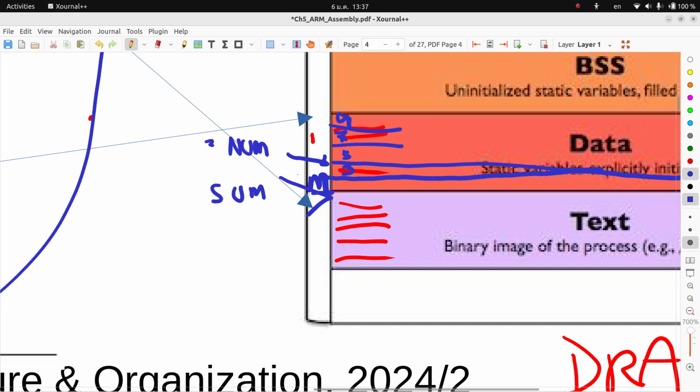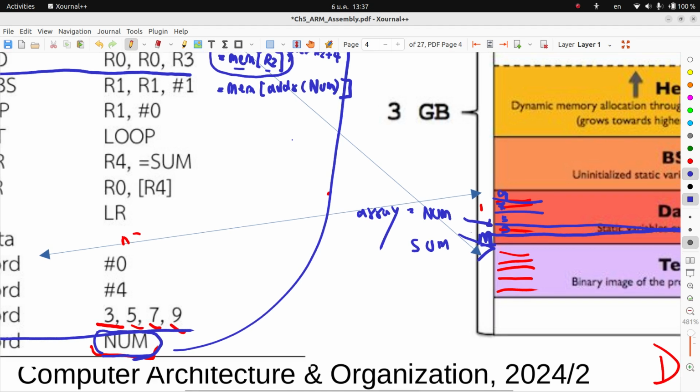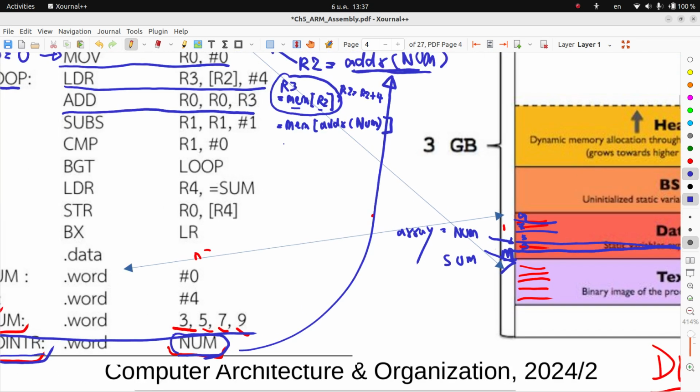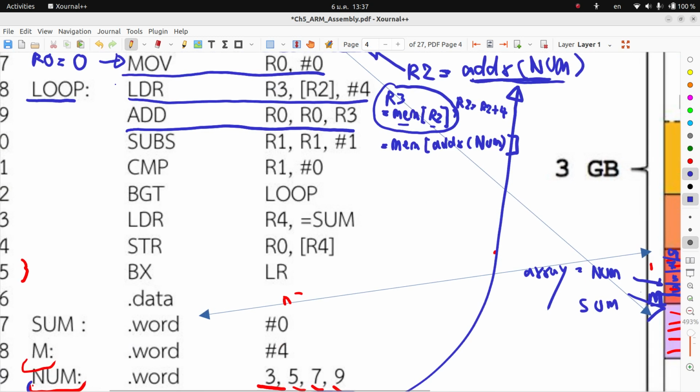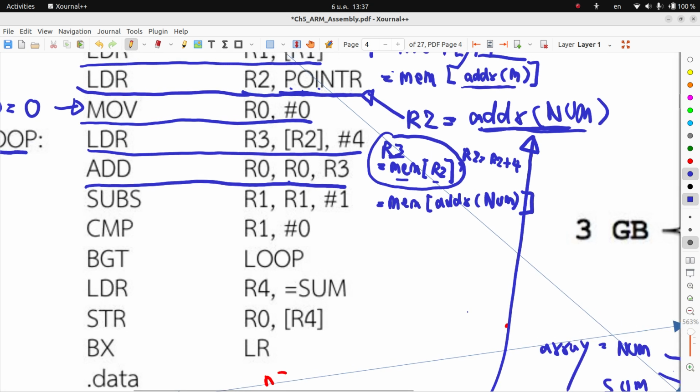Okay? Num is an array. That means R3 now contains 3. Okay? 3, 5, 7, 9.